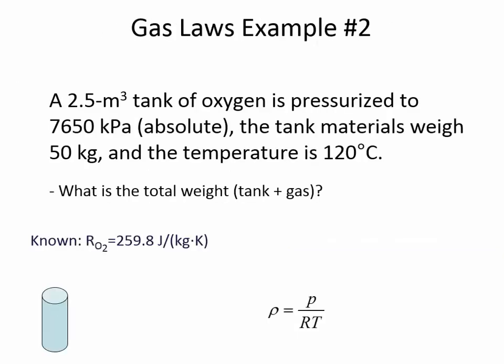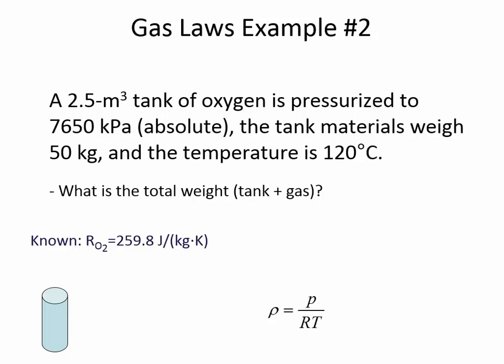All right, so let's refresh your memory of the gas law calculations that we did in class last time, and also make use of this new understanding that when we're talking about pressures, we need to differentiate between absolute and gauge pressures. Here's a gas law example where we've got a tank of oxygen, and by the way, we can look up an R value specific to oxygen that's here.